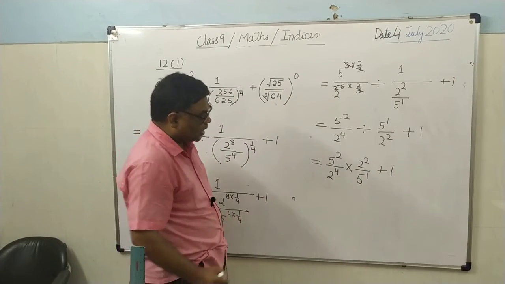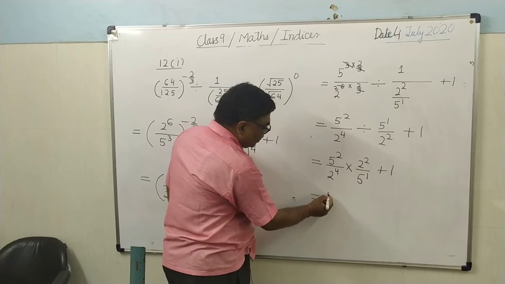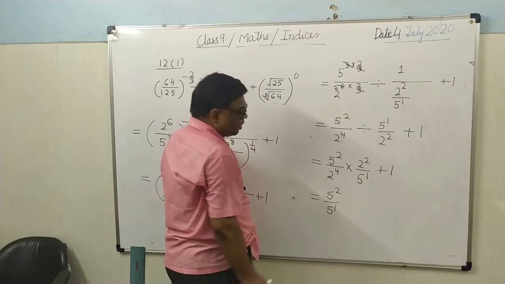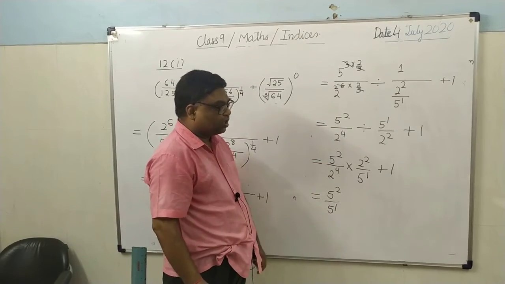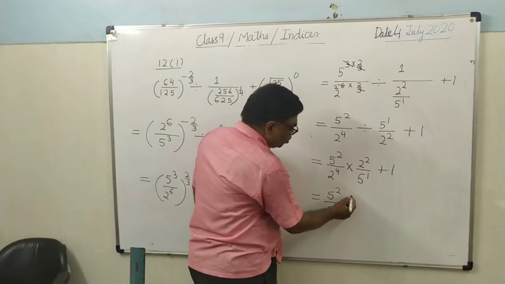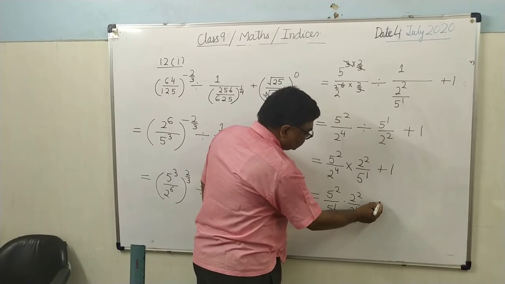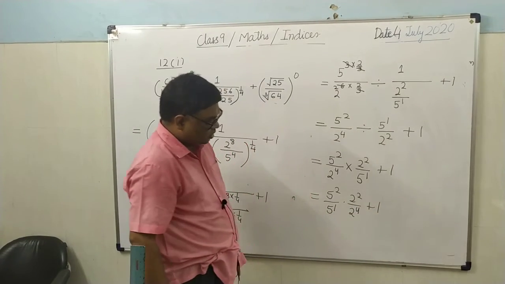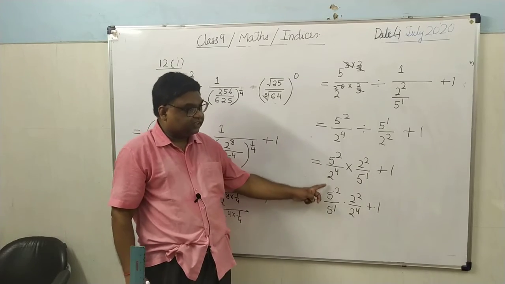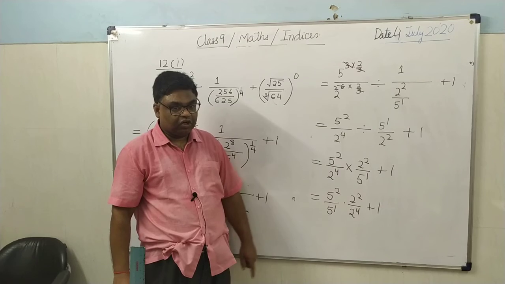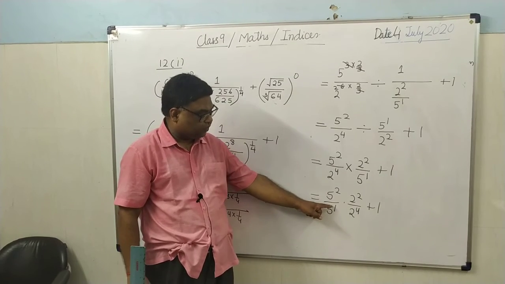Now you write down this with like terms together. It's clear, because everything is in the product, so you can write. Similarly, 2 to the power 2 upon 2 to the power 4, plus 1. So if you see in case of 5, here numerator's power is bigger, so what will happen?